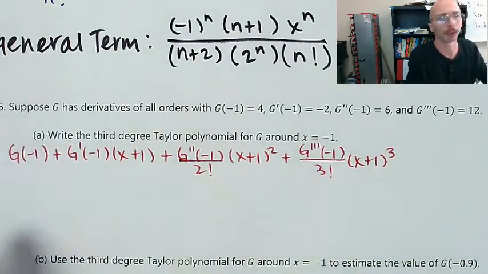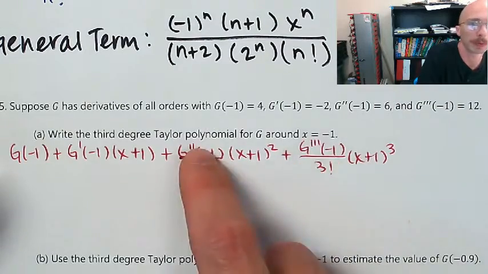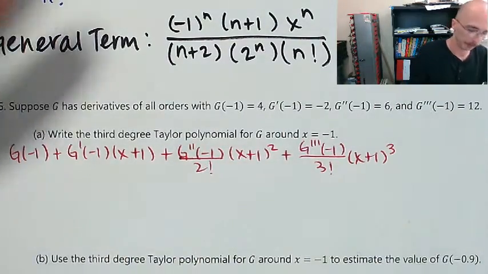Okay, and now we're just going to fill in these numbers that we were already given. G triple prime would go here, G double prime there, you know, all this stuff.